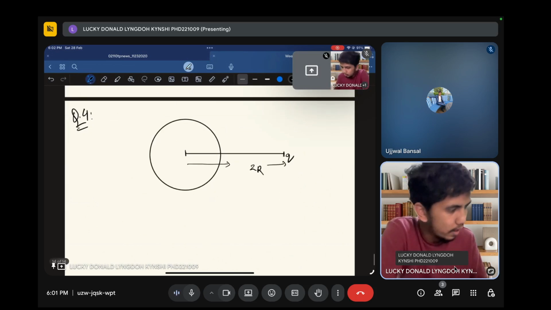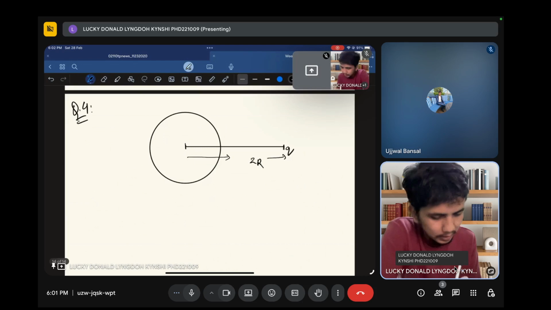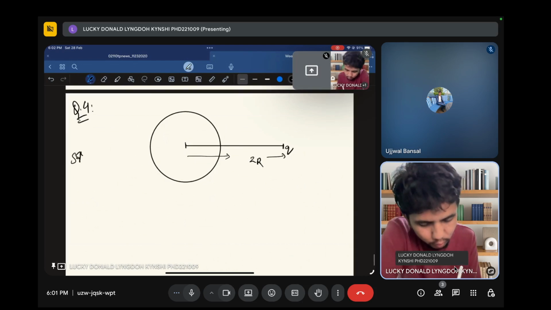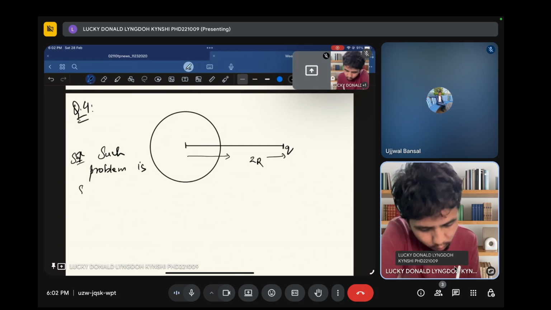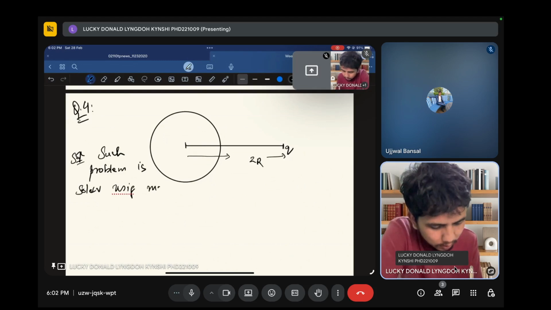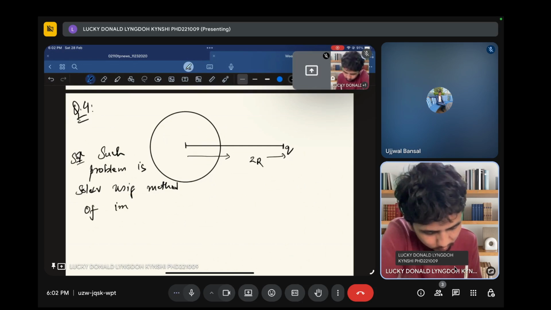Such problems are solved using the method of images.